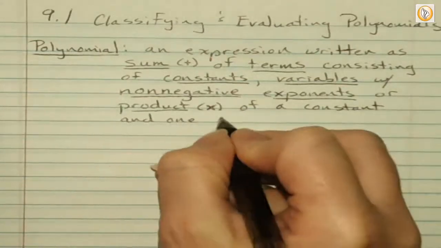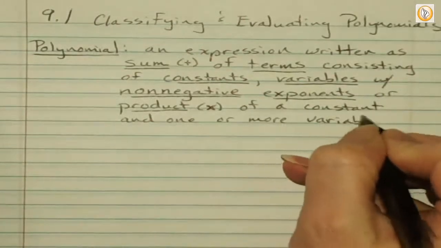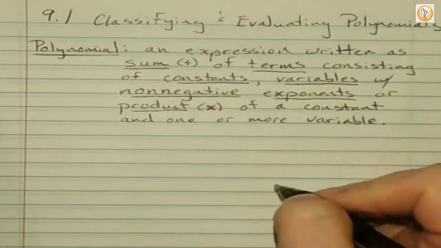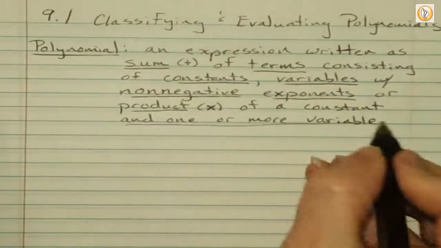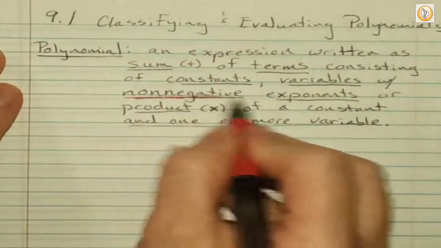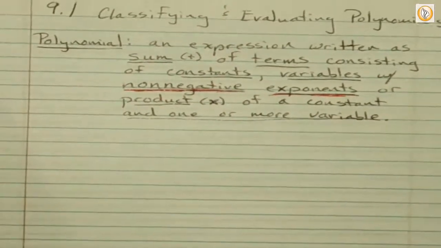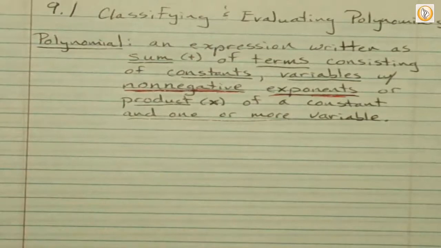And one or more variables. So you can't have negative exponents. That's what I'm trying to say here. Now, I'm going to explain that to you, because that's a lot of weird stuff right there. Once I write the example, you're going to be like, oh, okay, I get what it's saying here.